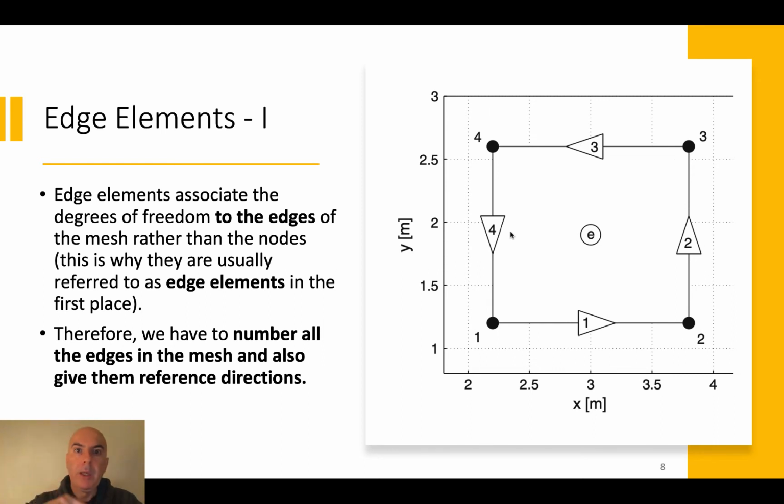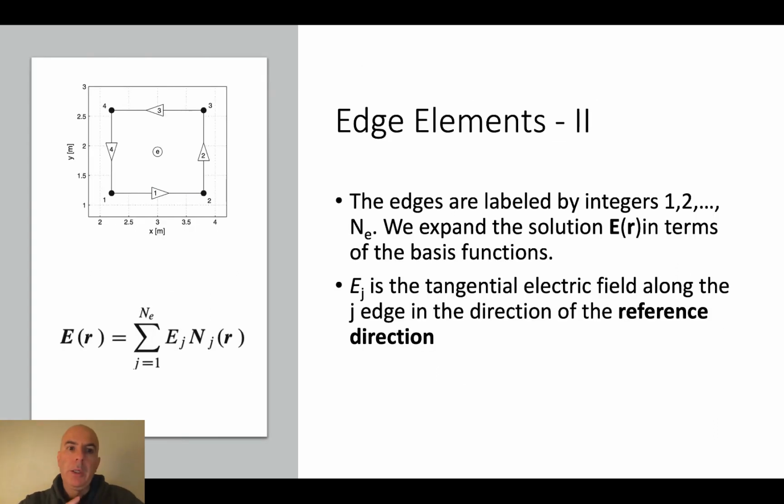They must be counterclockwise. So the edges, as we saw before, are labeled by integers 1, 2, and so on up to E. And we expand the solution of our electric field as the following.